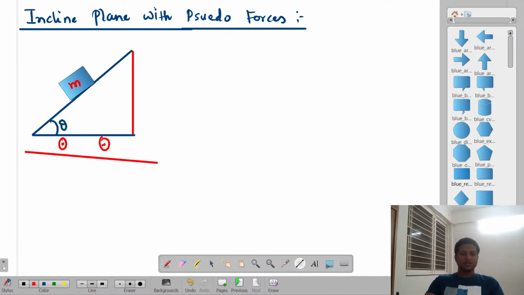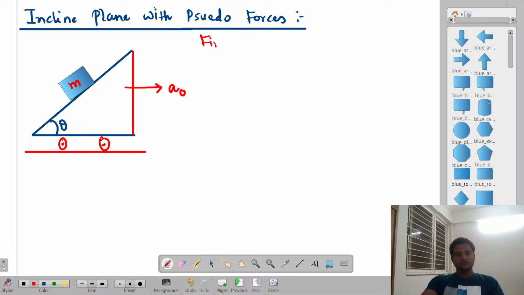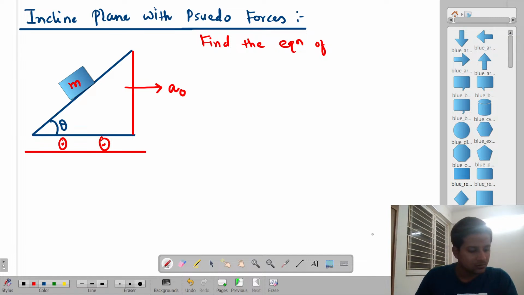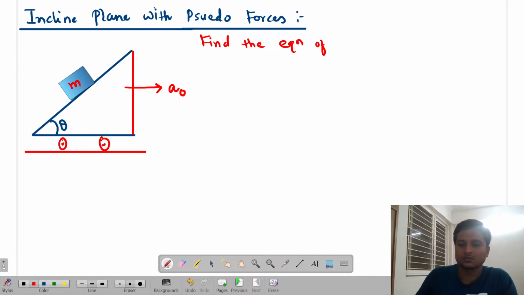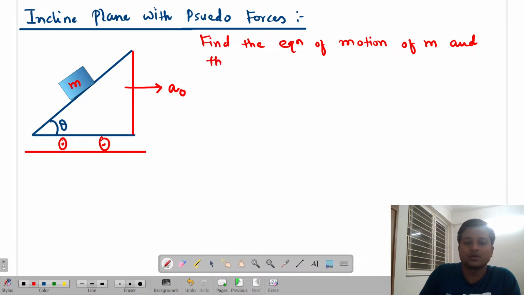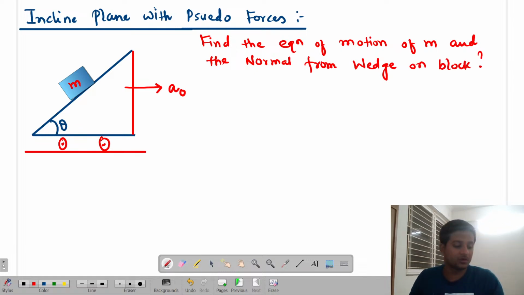Now if this wedge goes with an acceleration a naught towards the right side, then find the equation of motion of m, and the normal reaction from the wedge on the block. Tell me fast.